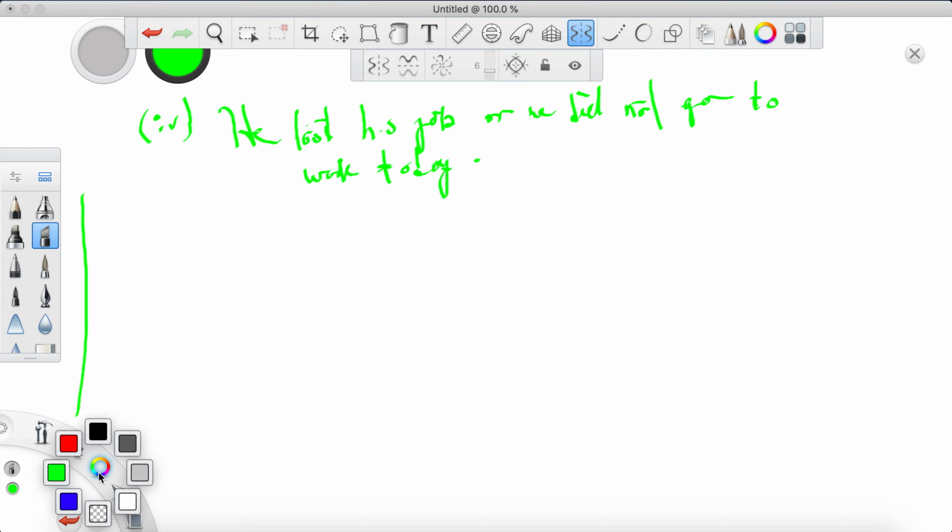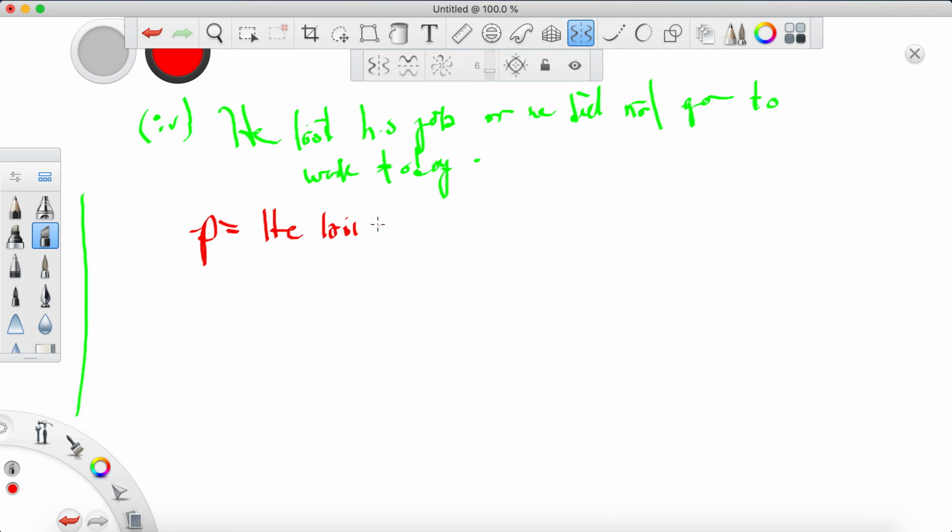So anyway, we're negating this. How would we negate it? Well, again, let P be he lost his job. Let Q be he did not go to work today.